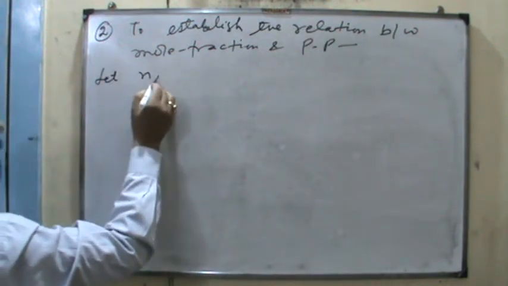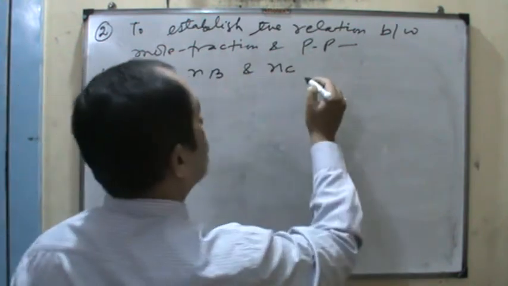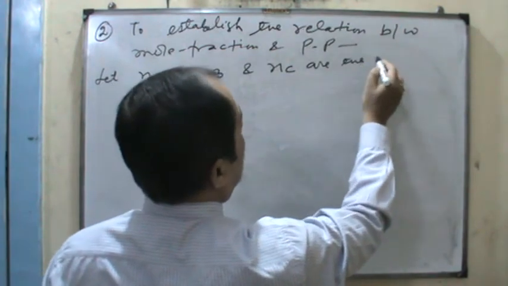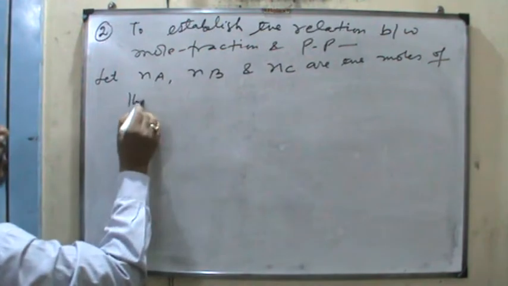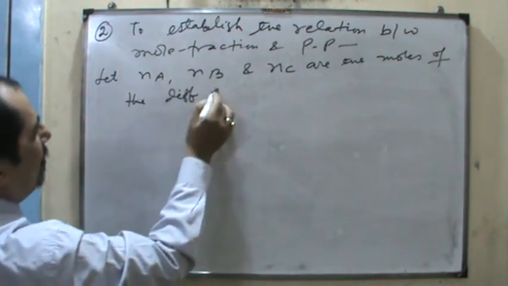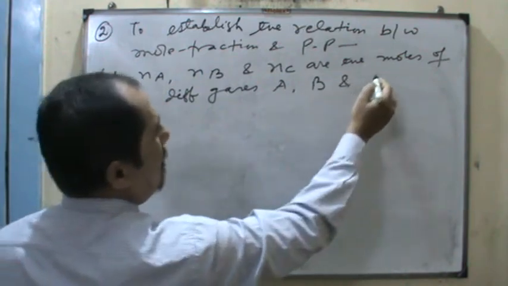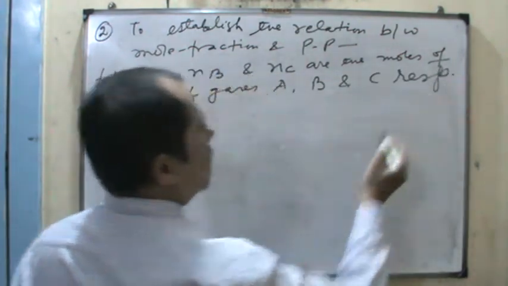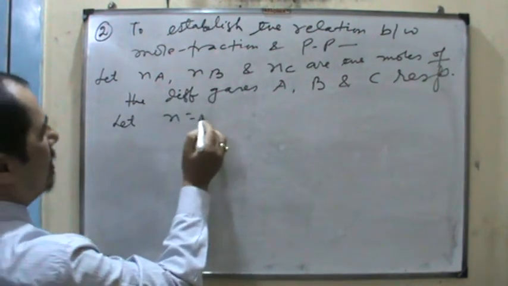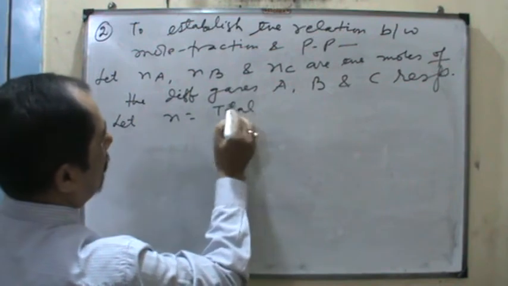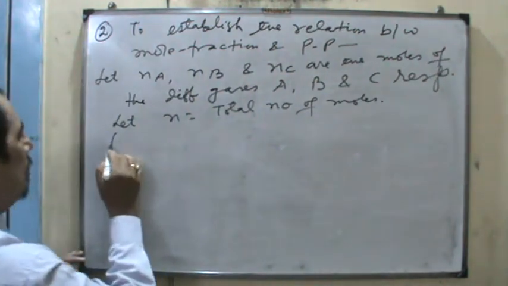Let Na, Nb and Nc be the moles of the different gases A, B and C respectively. Let N be the total number of moles.